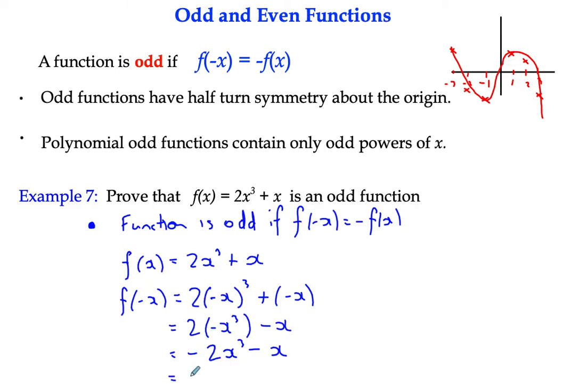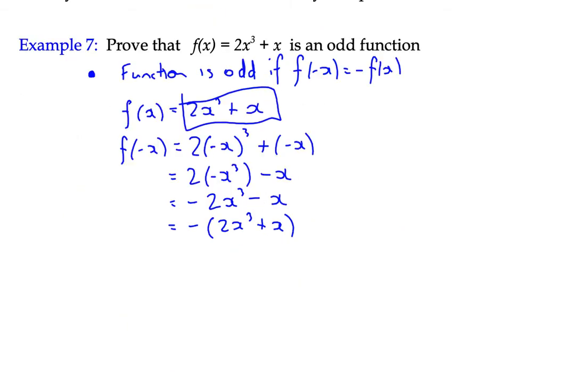If I take a common factor of negative 1, I get negative 1 times 2x cubed plus x, which is my original function. So I've got my original function multiplied by negative 1, which is the definition of an odd function. So we can say here that f of negative x is equal to negative f of x.